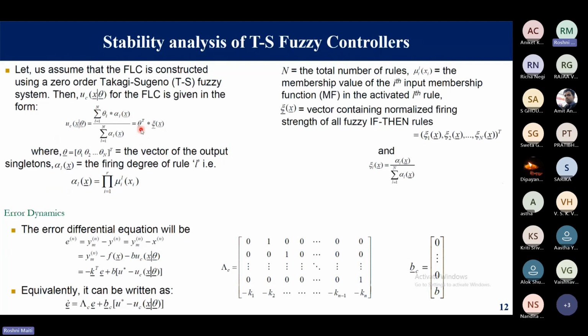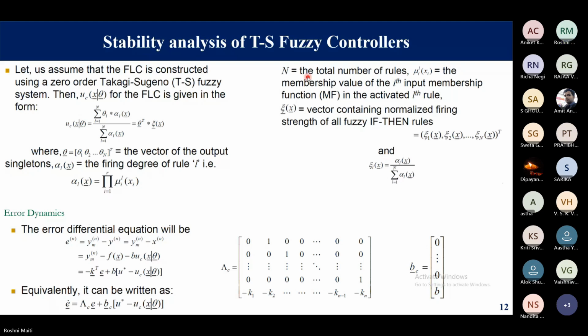So here we will have this theta into zeta, and this alpha is the membership function, whatever percentage of membership of that input I have in different regions, that we have to put in this alpha.